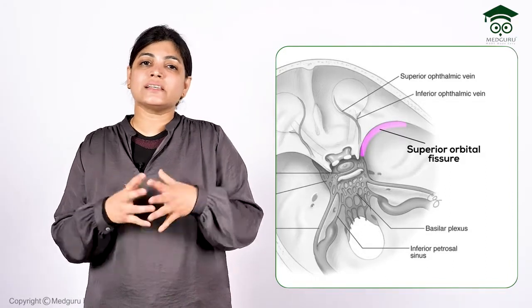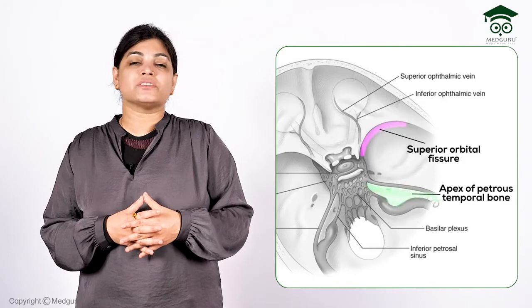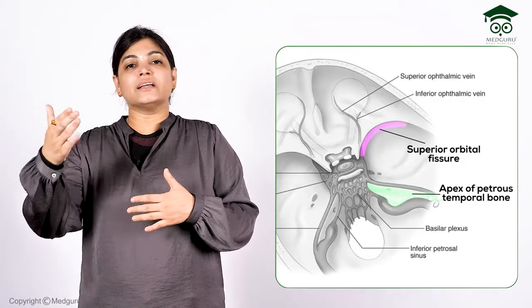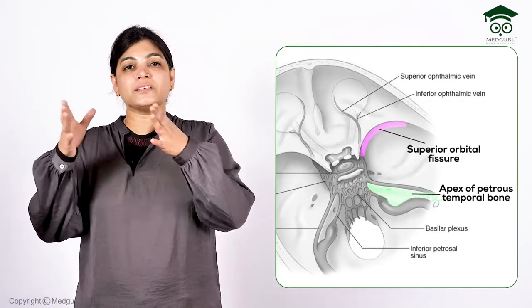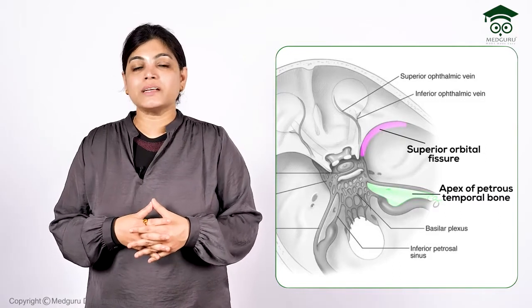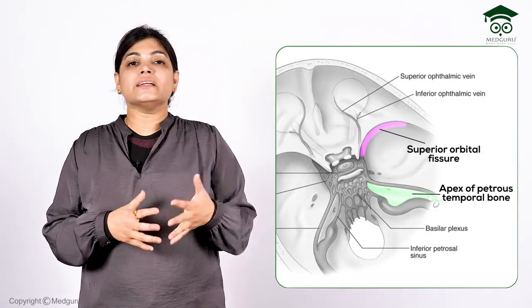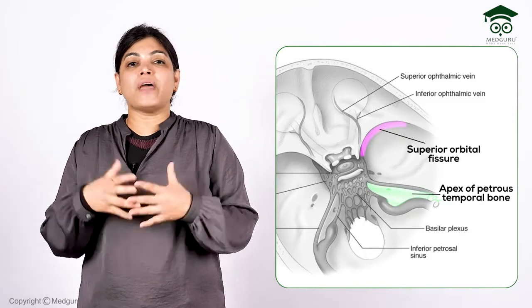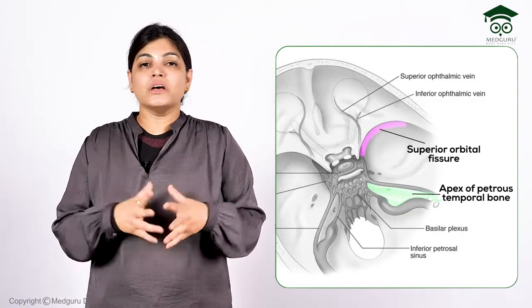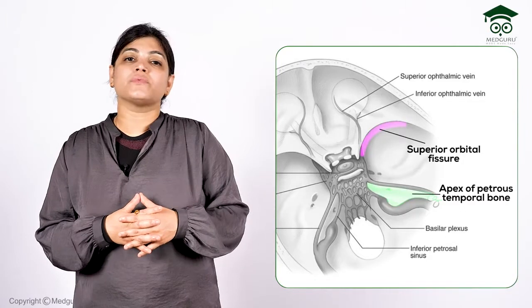Posterior extent is till the level of apex of petrous temporal bone. So anterior extent is till the level of superior orbital fissure, and posteriorly it is ending at the level of apex of petrous temporal bone. So this was all about the extent of cavernous sinus.